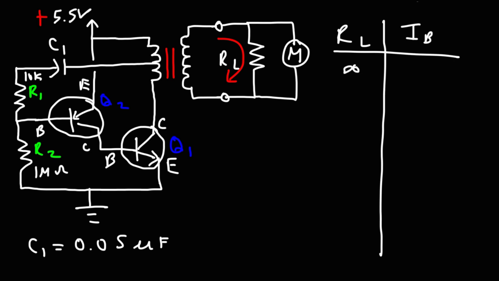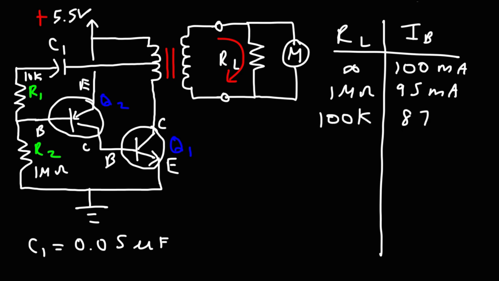When the load resistance is infinity, the amount of current that the circuit draws from the battery is approximately 100 milliamps. Using a 1 mega ohm resistor, it decreases to 95 milliamps. Using a 100 kilo ohm resistor, it drops to 87. So clearly, the current drawn from this side of the transformer somehow affects the impedance of the primary side of the transformer.